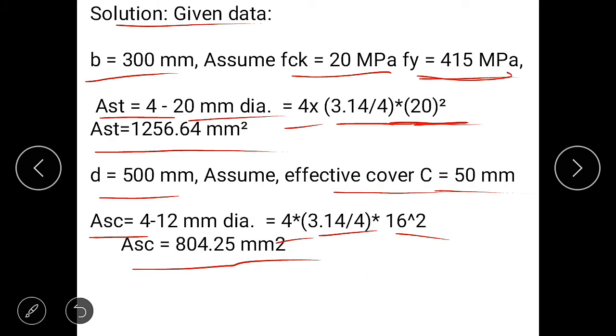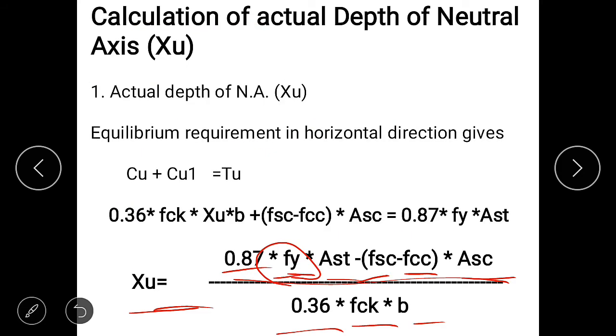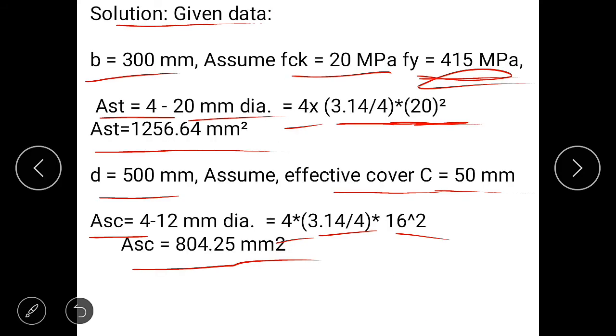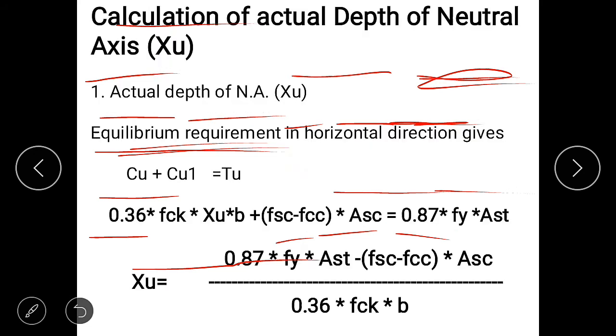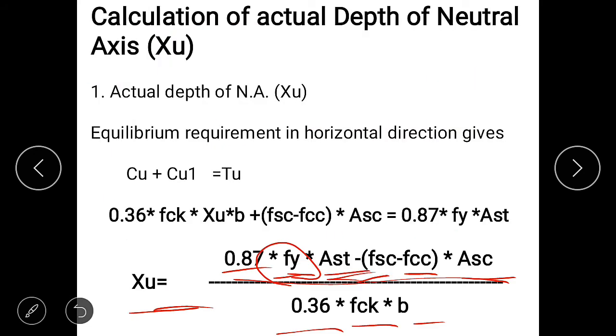AST we calculated here, AST is 1256.64. Minus FSC, the value of FSC.